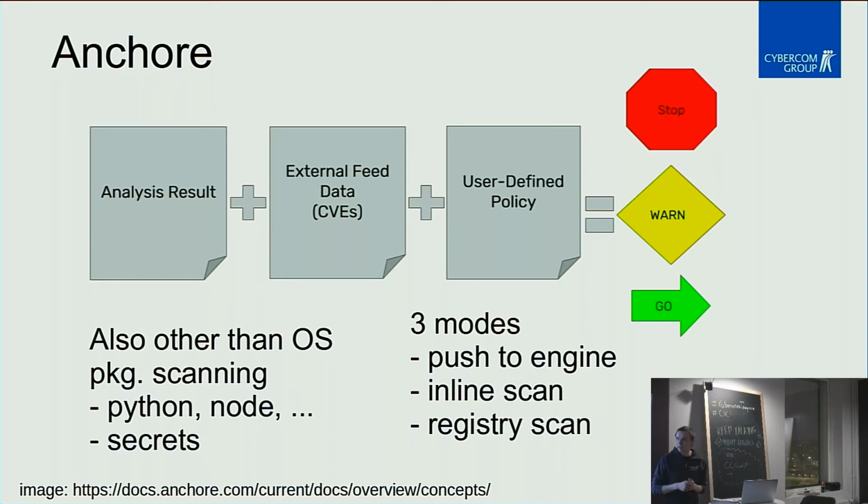But this inline scanning is such that it actually starts a Docker container that runs the Anchore and then does it inline, so you actually don't run the service, but it is started as you go. But this Docker container is like 5 gigabytes because it contains all the vulnerability information.